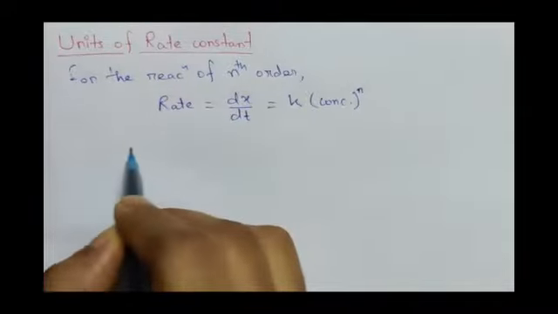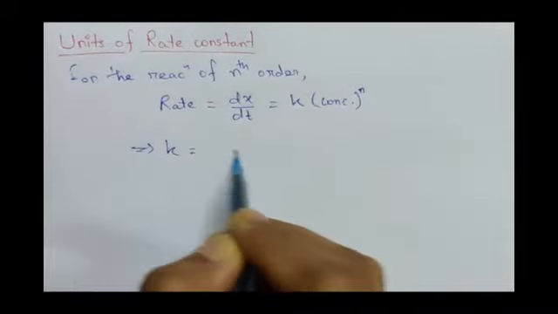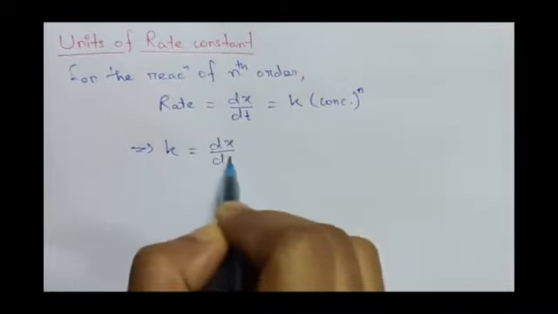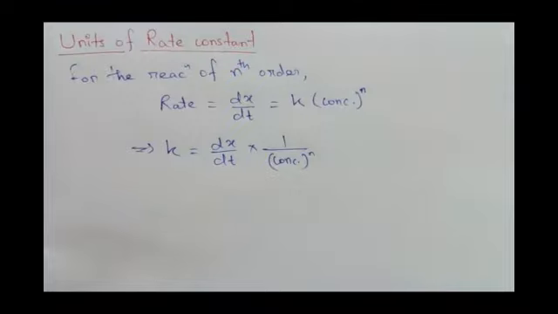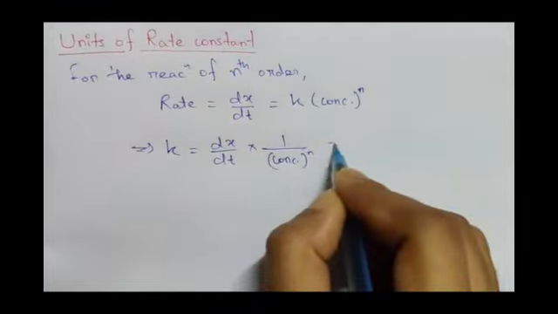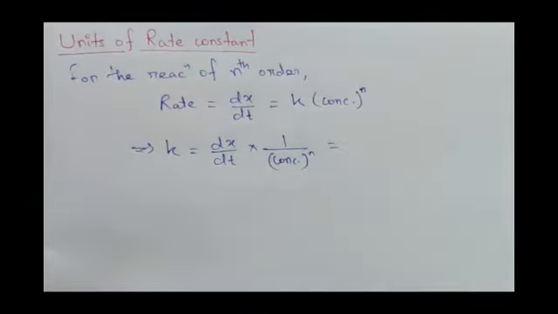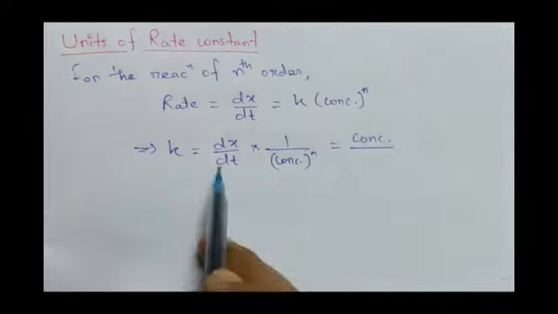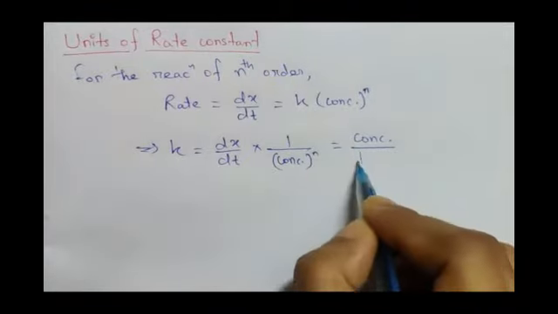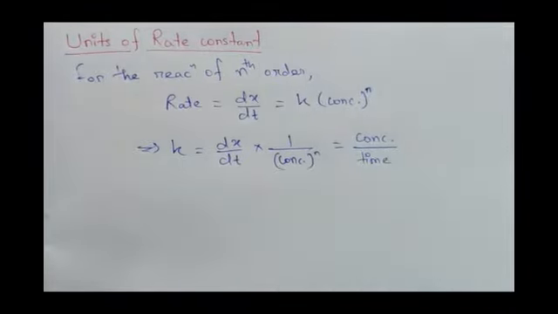So from here we can write that the rate constant is equal to dx/dt into 1 by concentration to the power n. Here dx means the change in concentration, so this one is also a concentration term, and dt is the change in time, so this is a time unit.